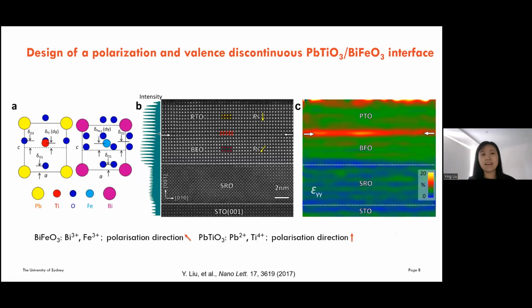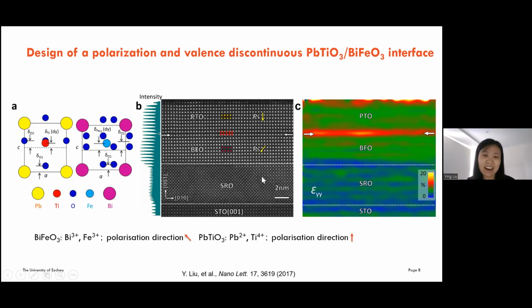Here we have designed a bismuth ferrite, lead titanate heterointerface. This interface shows both polarization discontinuity and also valence discontinuity. We expected to see some unexpected phenomena at this interface.